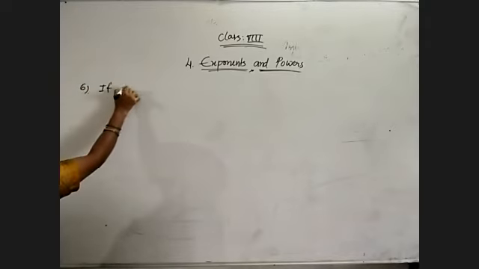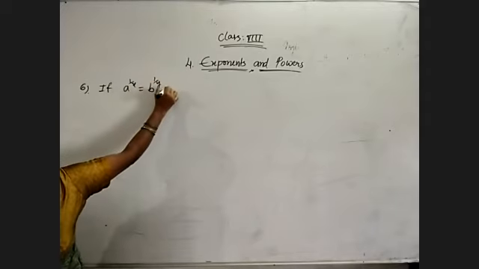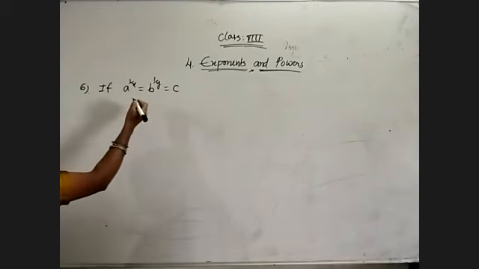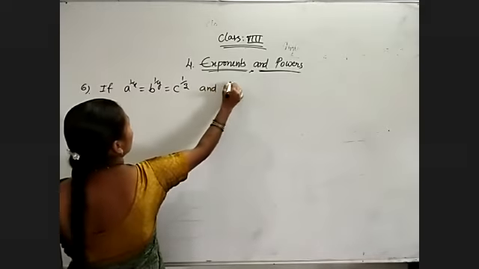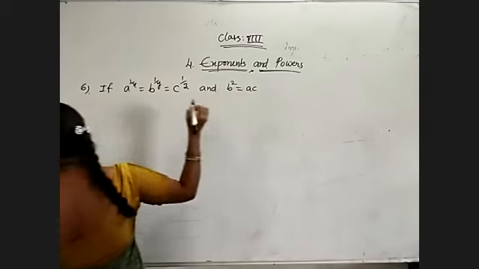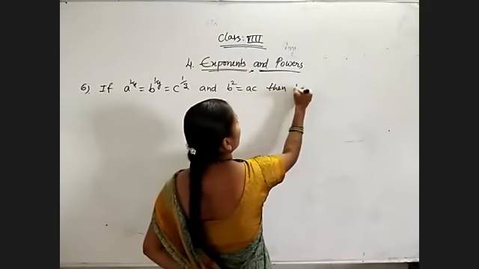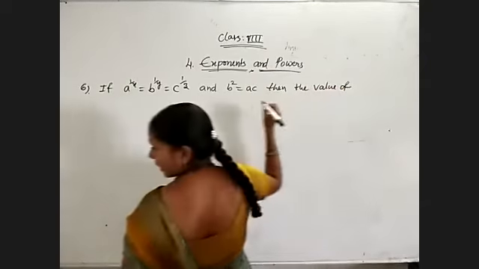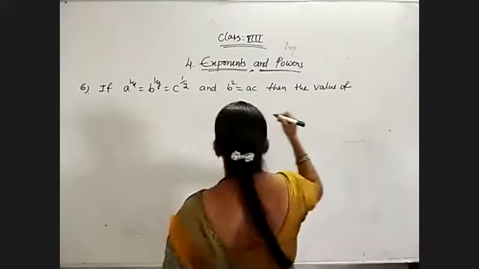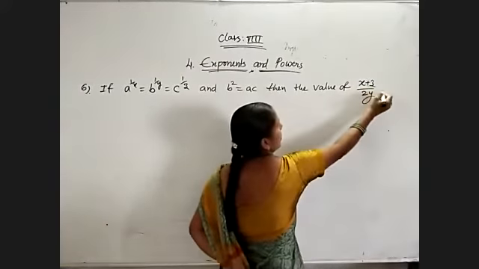If a to the power of 1/x is equal to b to the power of 1/y is equal to c to the power of 1/z, and b square is equal to ac, then the value of (x plus z) by 2y is equal to how much, we must find.